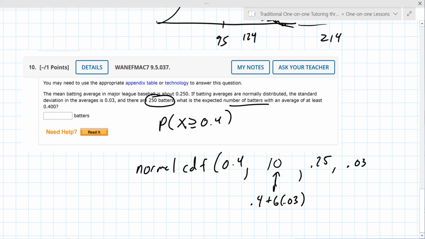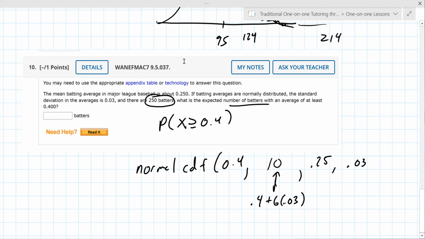Okay, gotcha. Basically, it just needs to be a lot bigger than the number you have, or a lot smaller when it's the lower, but big enough that it gets to the end of the curve.